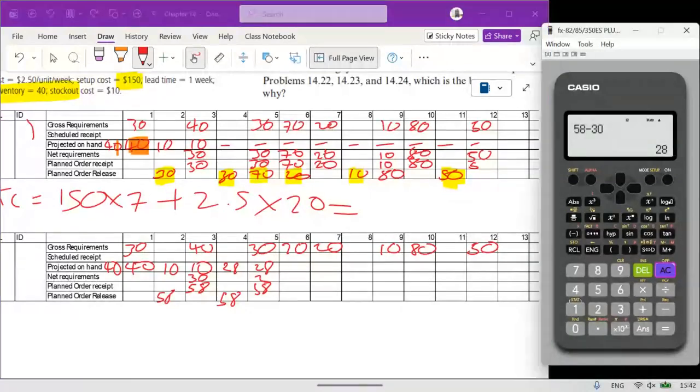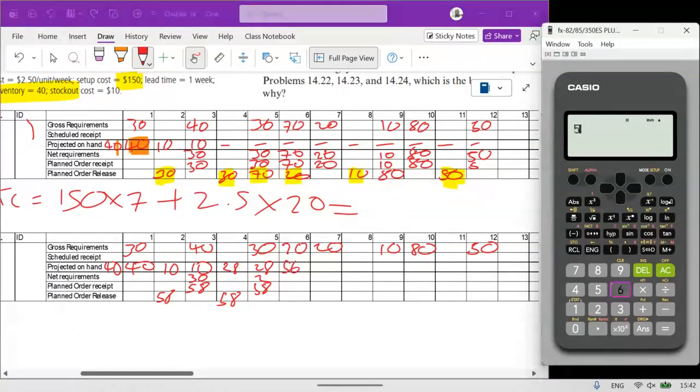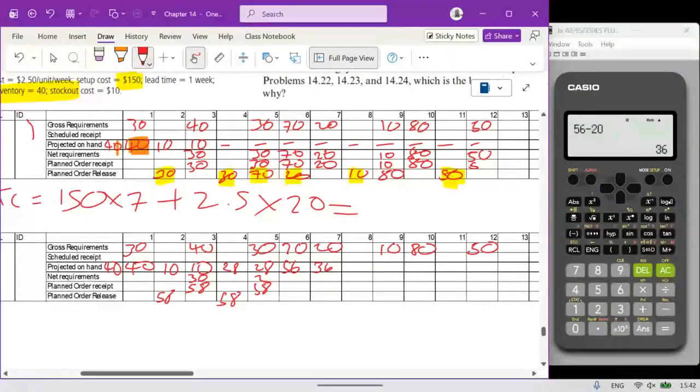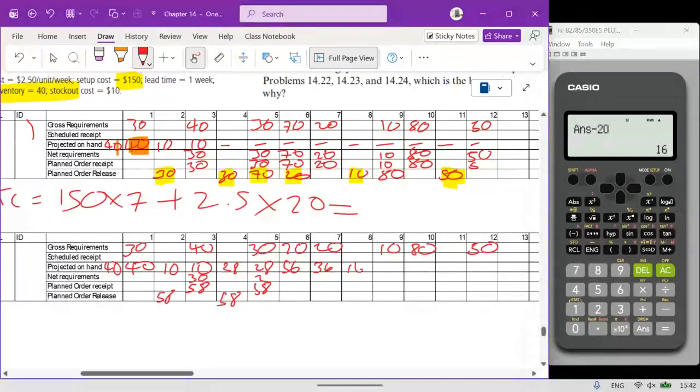Then that becomes 56, I believe. Then 56, because it's positive, minus 20, then becomes 36. We carry over 36. 36 is larger than that, minus 20 becomes 16. 16 is larger than this, becomes 6.